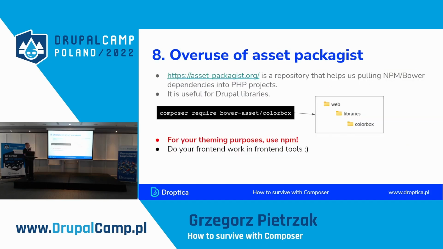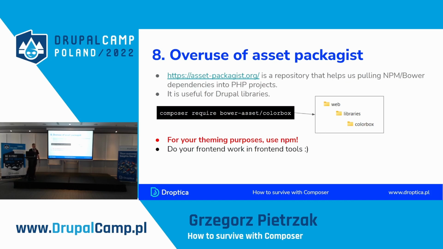Eighth thing is overusing asset packages. Asset packages is a repository that brings npm and Bower into your Composer. So you may not only use PHP packages in your project, you may also use some front-end libraries. Sometimes it's very cool because you can, for example, download your Colorbox.